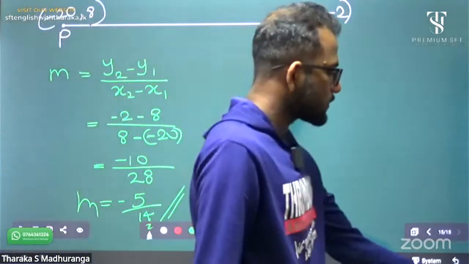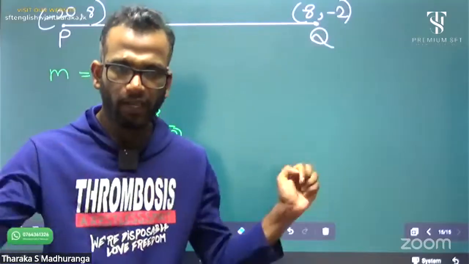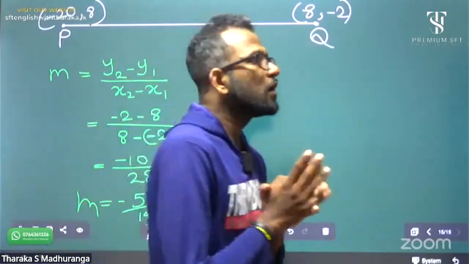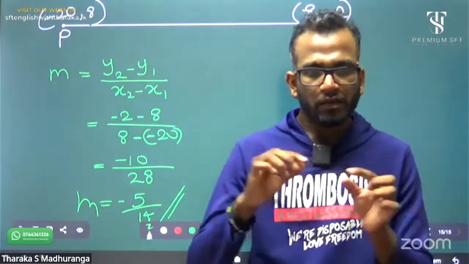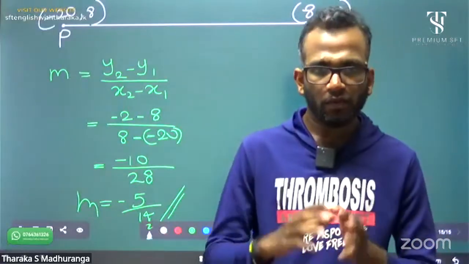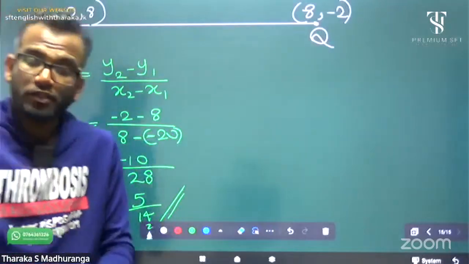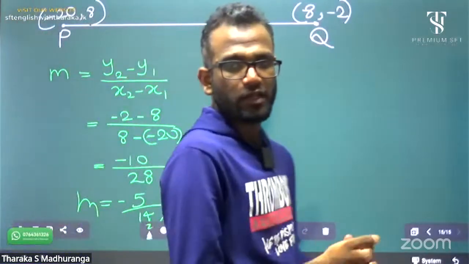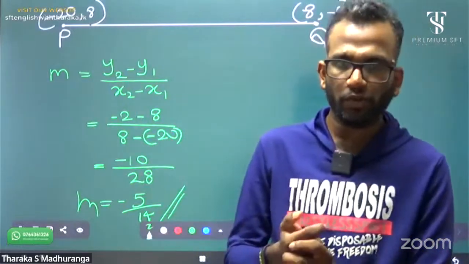Today I revised last week's lesson, the length of a straight line. That's done. Next, our second topic, third topic, the midpoint of the straight line. All types of questions discussed. Finally, we discussed ratio point coordinates as well, 1 to 3 ratio point and 3 to 1 ratio point coordinates.